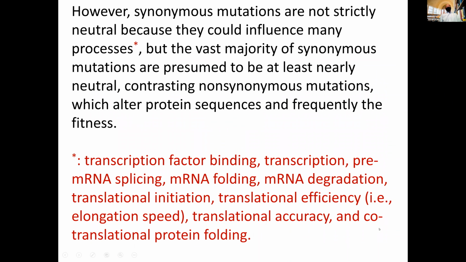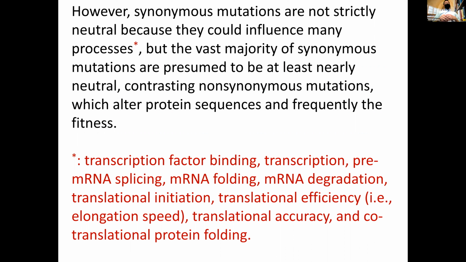And finally, there is the effect of synonymous mutation on co-translational protein folding. We know that protein folding actually occurs during translation. So if you have a domain of the protein that has been translated, this domain would fold while the second domain is still being translated.